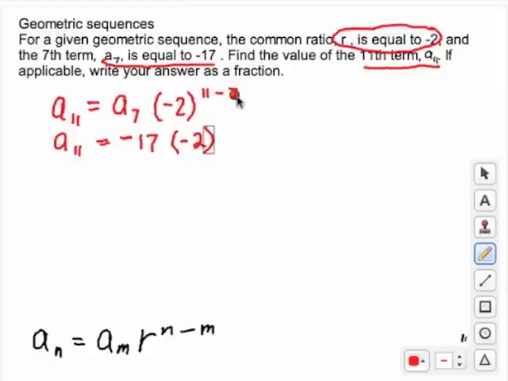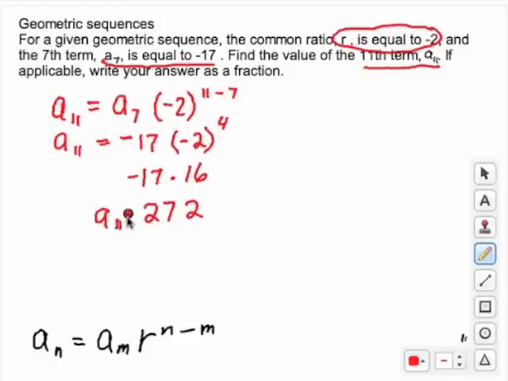Now 11 minus 7, that's negative 2 to the 4th. We know a negative 2 multiplied by itself 4 times is going to give me positive 16, so a negative 17 times a positive 16 is going to give you, let's see, 272.